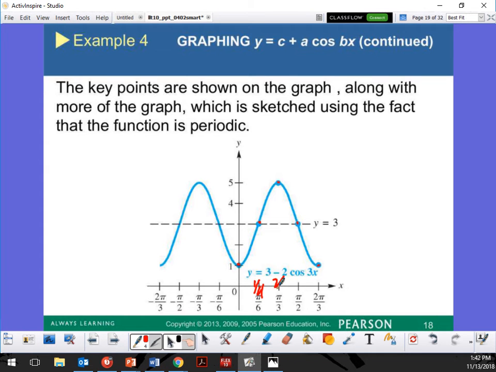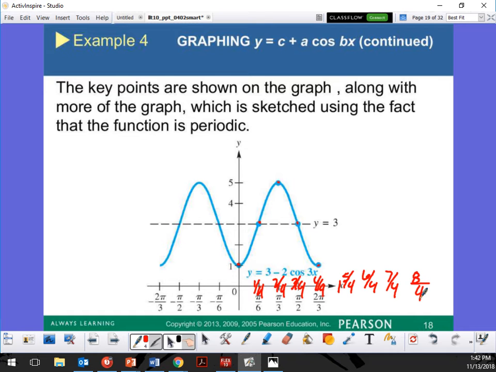This would be 2/4, which reduces to 1/2, right? Next one would be 3/4, 4/4, 5/4, 6/4, 7/4, and 8/4. What's 8 divided by 4? 2. That would be 2 periods.